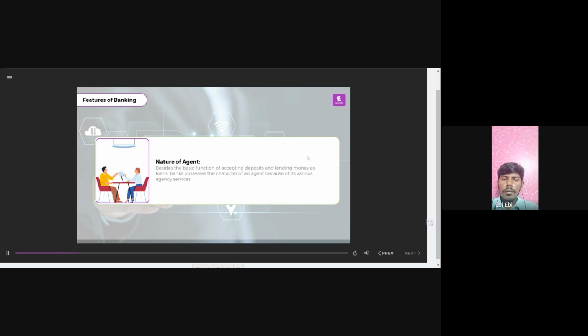Nature of agent. Besides the basic function of accepting deposits and lending money as loans, banks possess the character of an agent because of their various agency services.